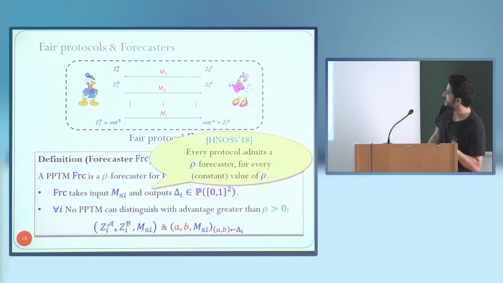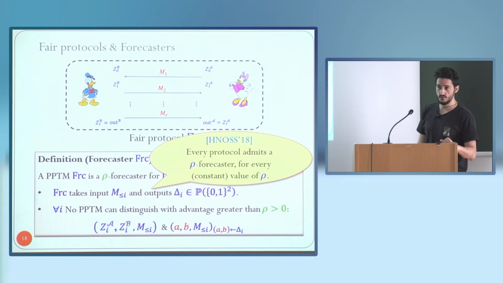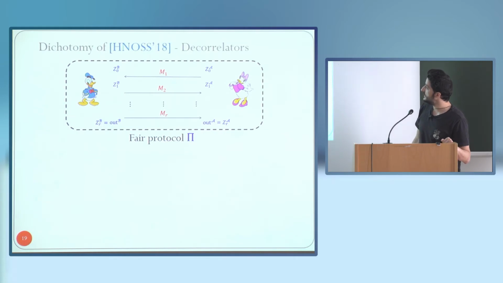They worked very hard to show that every protocol admits a forecaster for every constant value of rho.